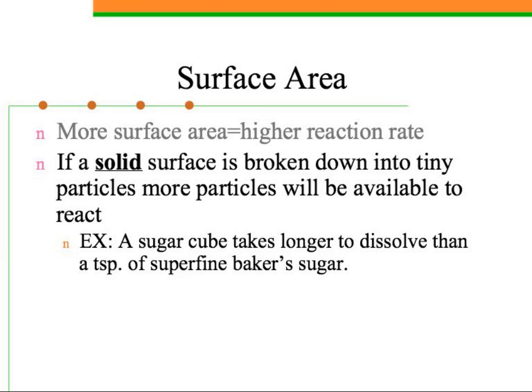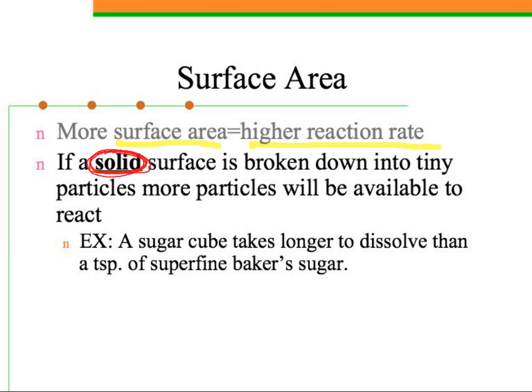With surface area, the more surface area you have, the higher reaction rate you'll get. What that means to us in practical terms is if we've got a solid, we're going to need to break that solid up.